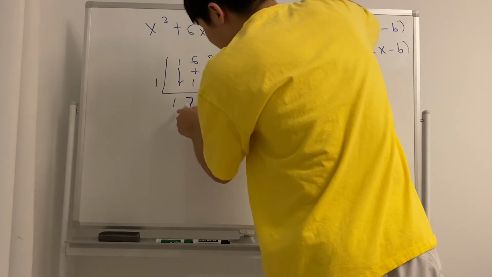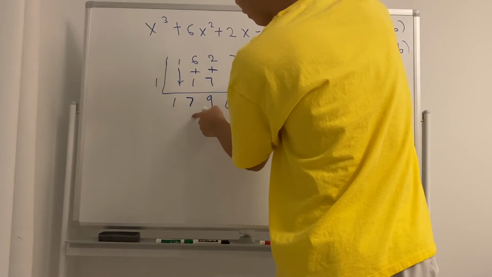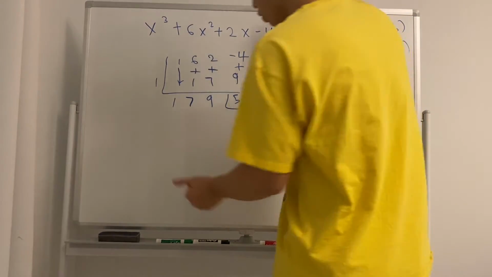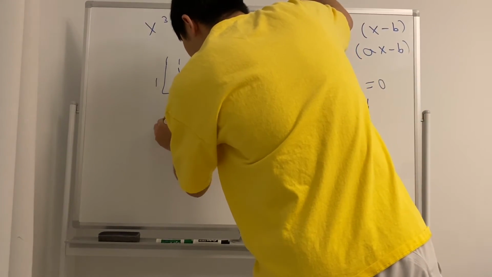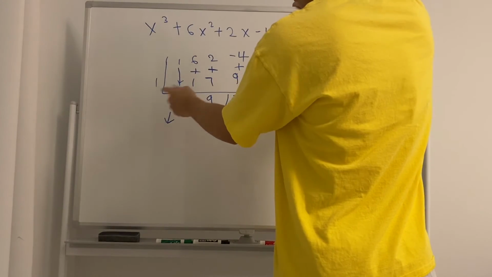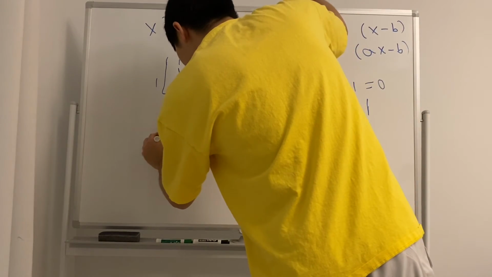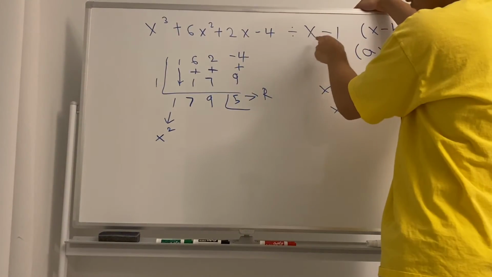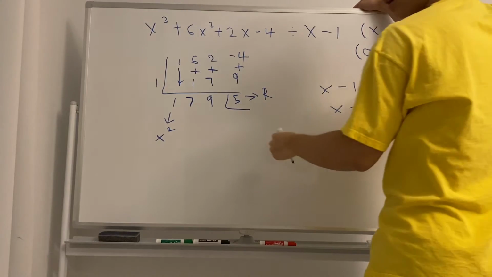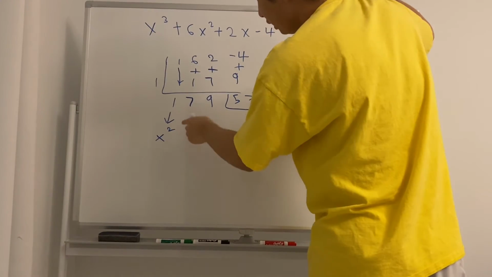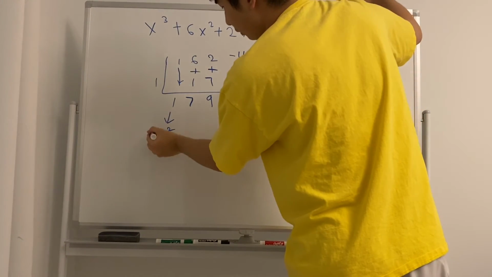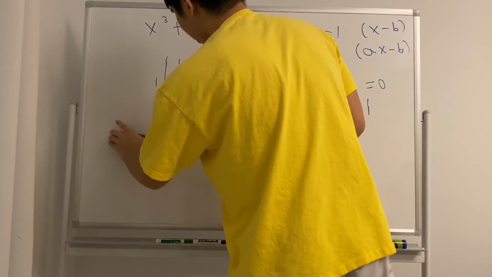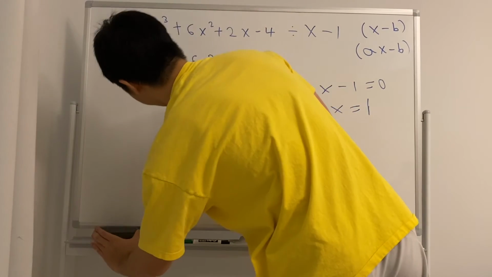These are going to be the coefficients of your quotient. So this will be x squared, because this was 3, but we were dividing by something with an exponent of 1, so this is going to be 2. The 1 is just 1, so you don't typically write it. So it's just x squared, but there is a 1 there.